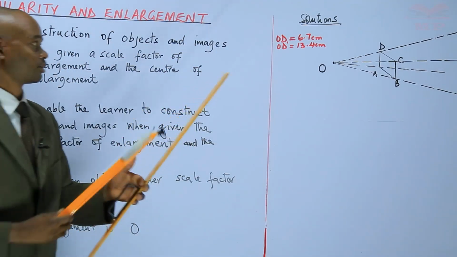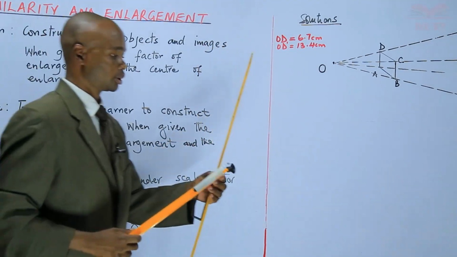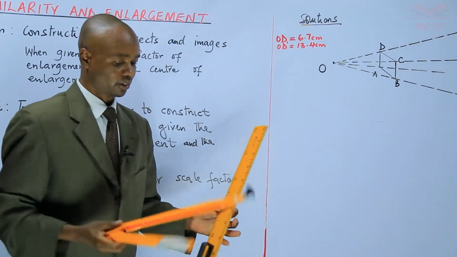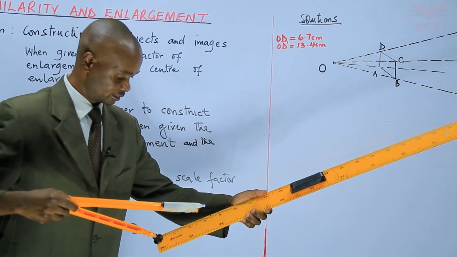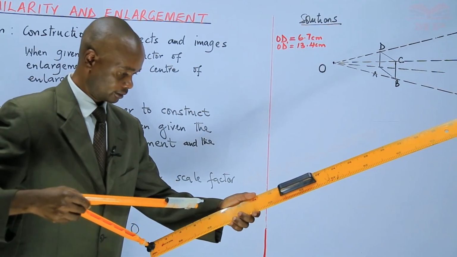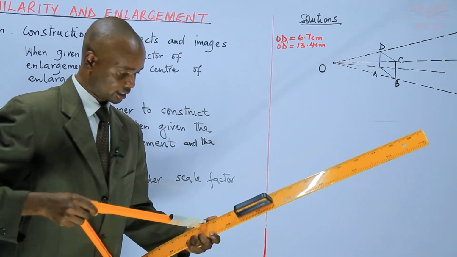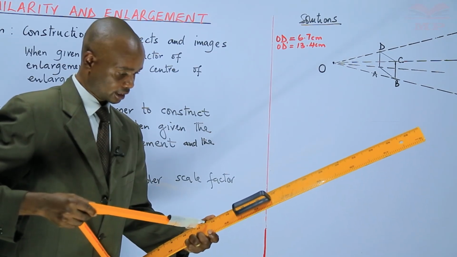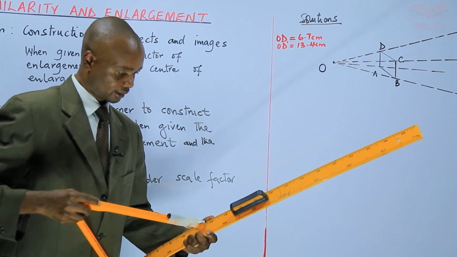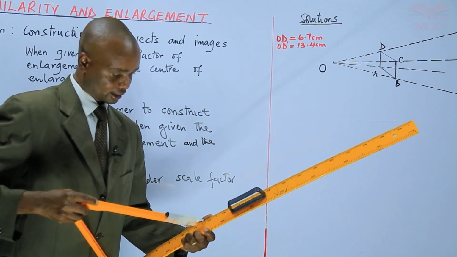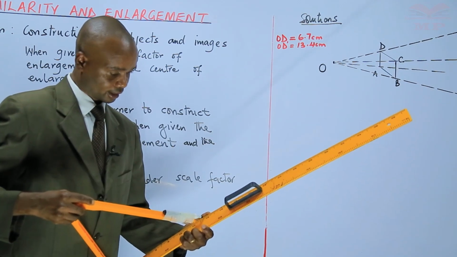So I'll come and scale that. Why has that happened? Because the scale factor is 2, so you double. From O, I'll double to 13.4.